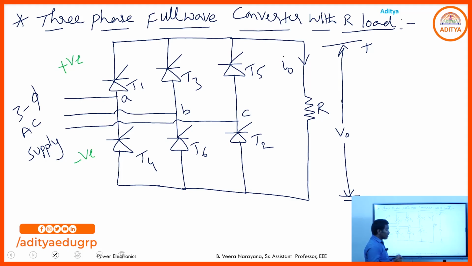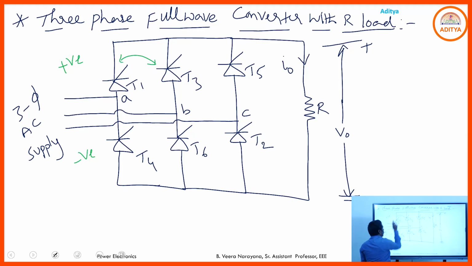For the sake of simplicity, to easily understand the explanation of operation, we will assign the numbers like T1, T3, T5, T2, T4, T6. Coming to this, the phase difference between two consecutive positive group SCRs is 120 degrees.